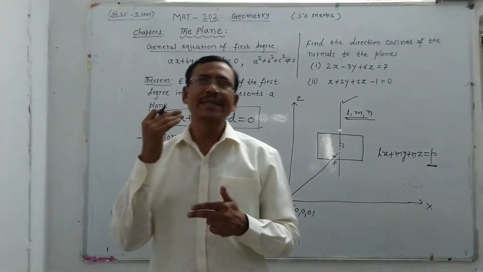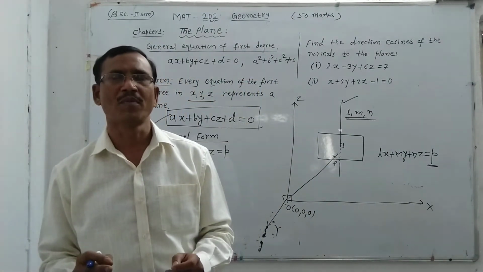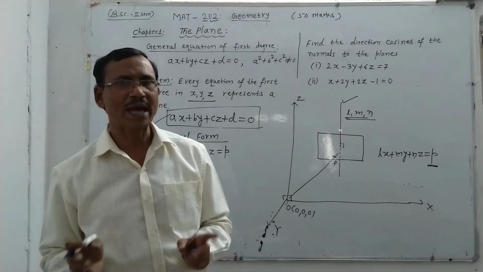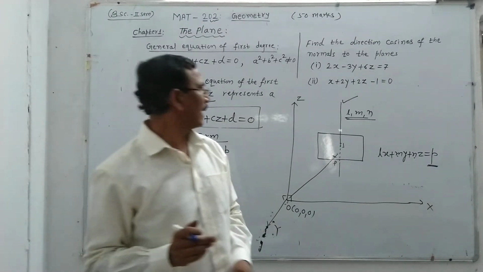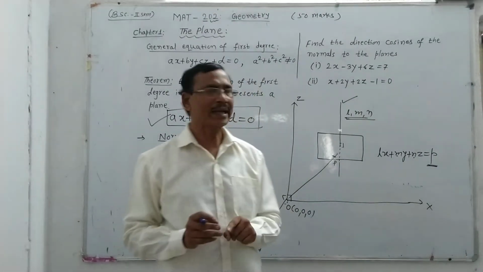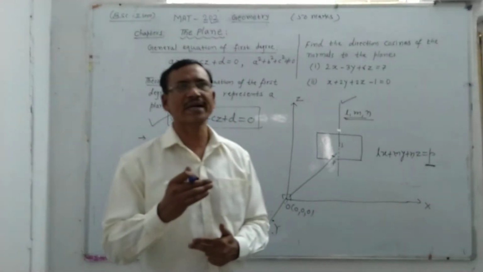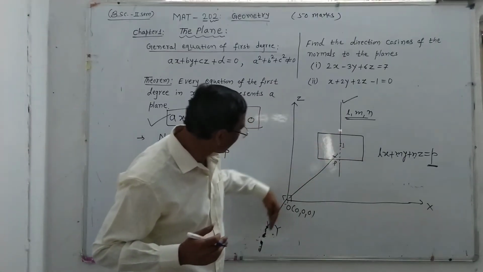That means in the equation of the plane in normal form, the coefficients of x, y, z are the direction cosines of the normal to the plane, and the right-hand side, small p, is the perpendicular distance of this plane from the origin.